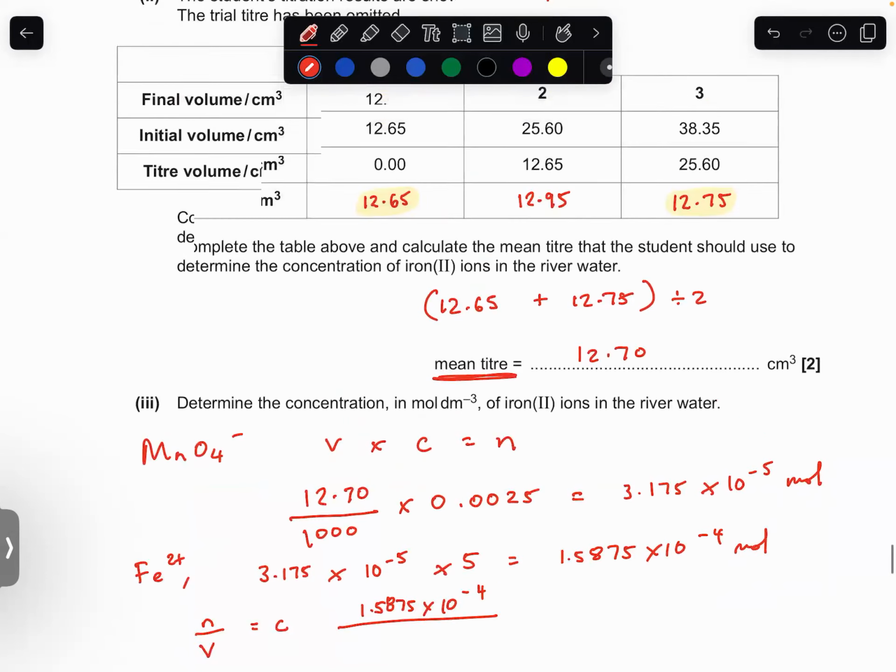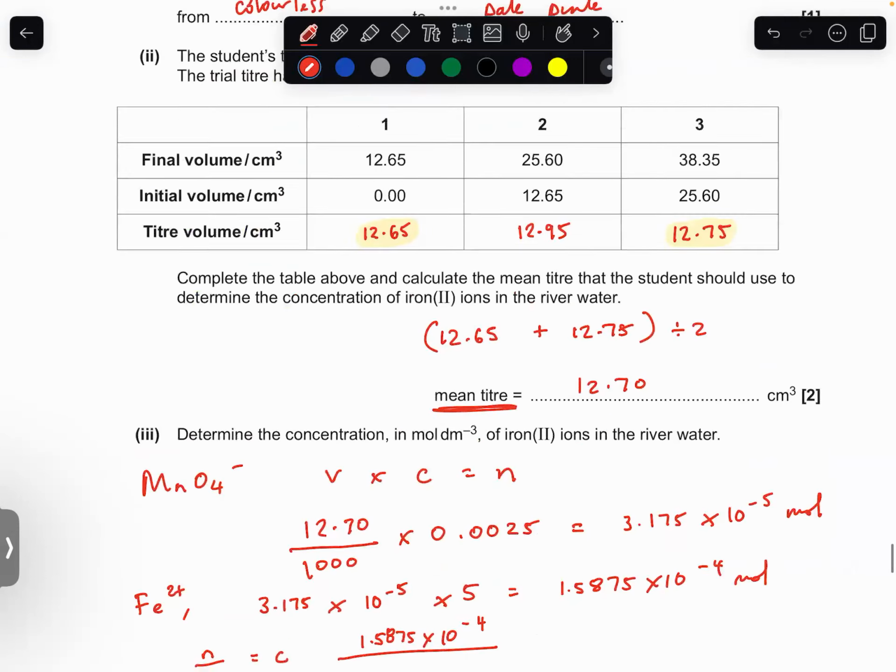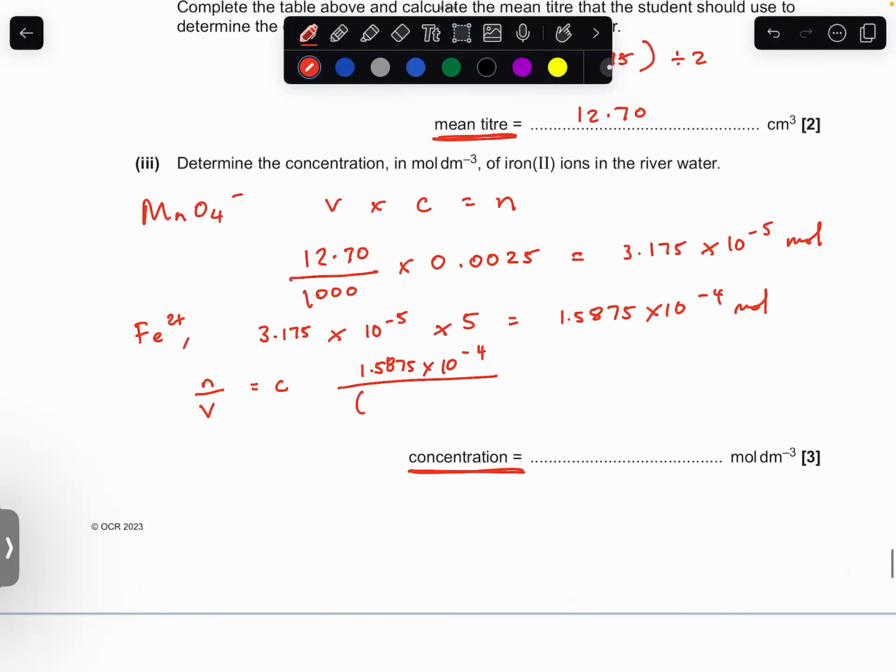Now the volume that we used in this titration of the river water was 25 centimeters cubed. So it'll be 25 over 1,000. And that gives you 6.35 times 10 to the minus 3.